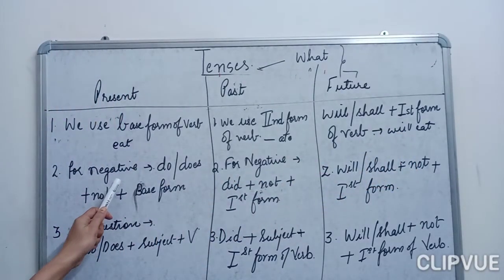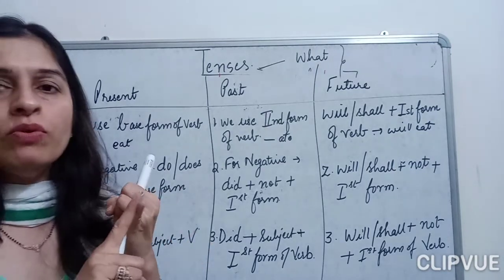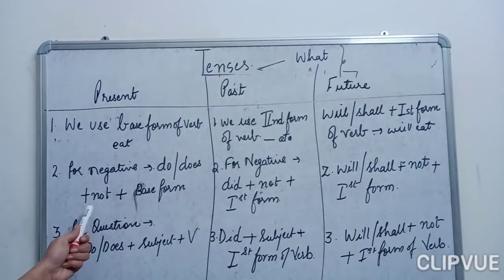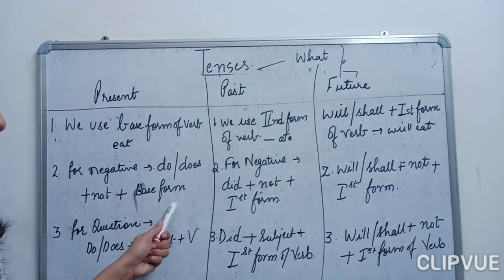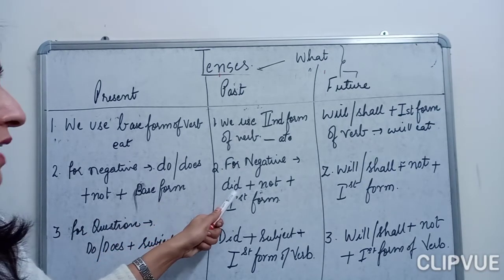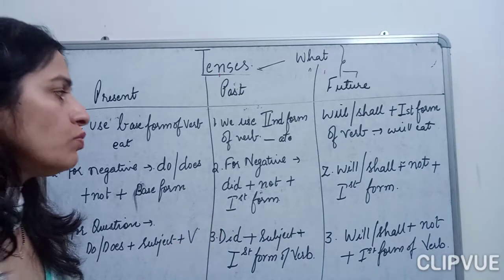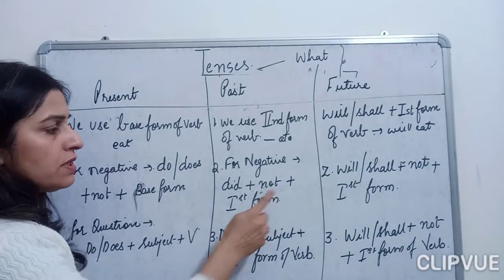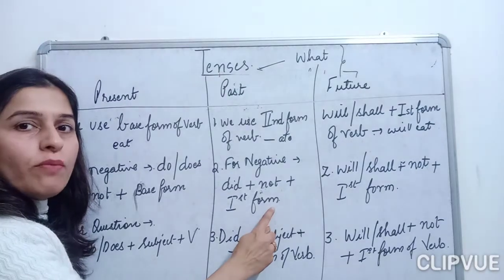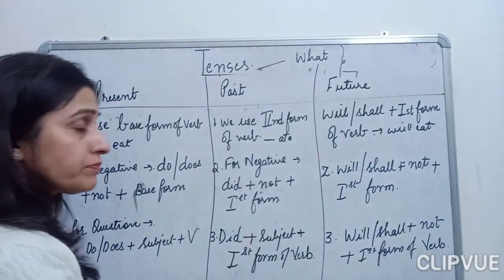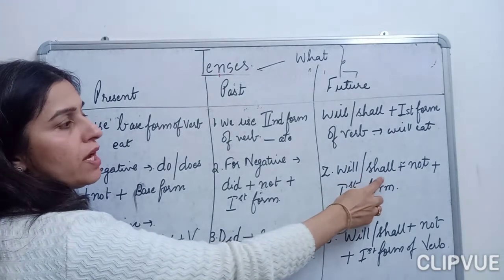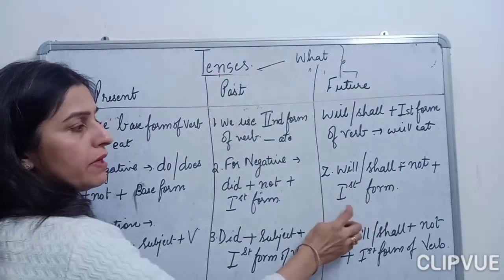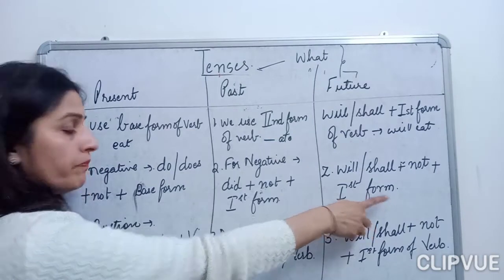For negative sentences, we use do and does plus not plus my base form of the verb. Okay. For negative sentence in the past, we use did, not and the first form of the verb, children. Okay. In the future, we use will, shall plus not plus the first form of the verb.